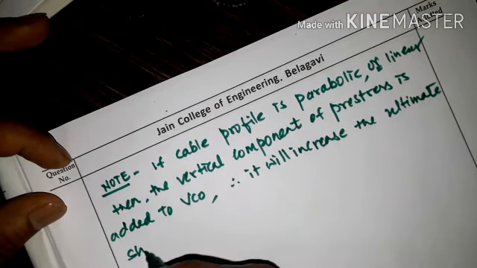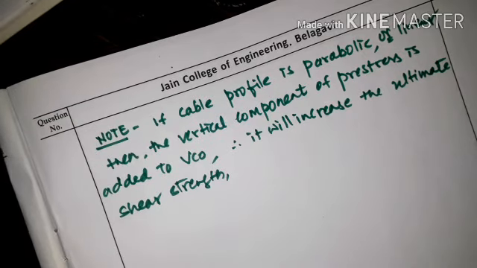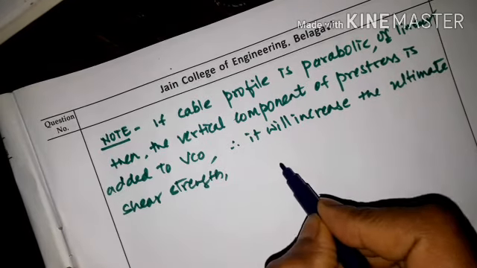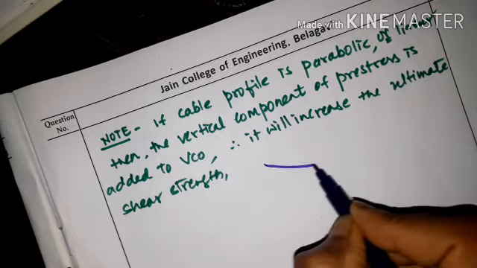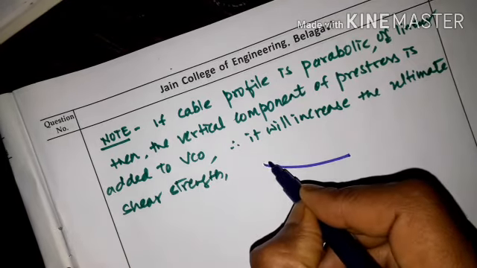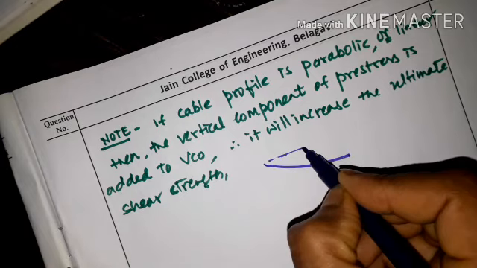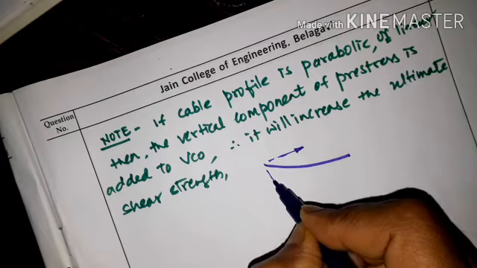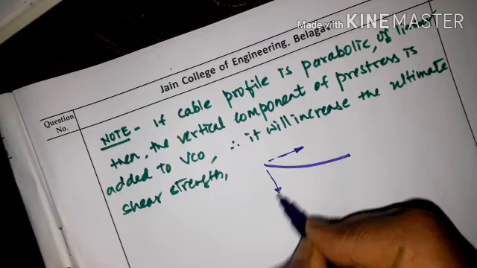Suppose the cable profile is parabolic, then it will get two components, one horizontal and one vertical. This will be PH and this will be PV.